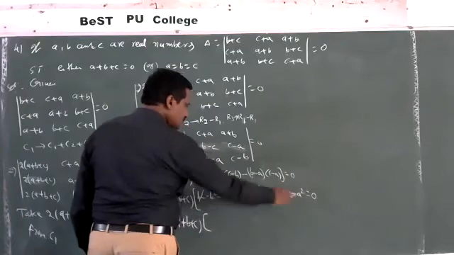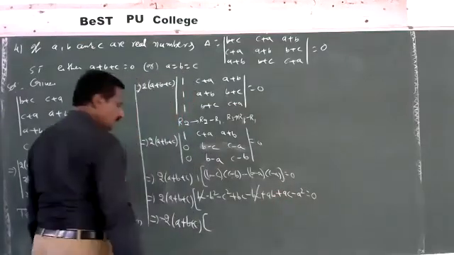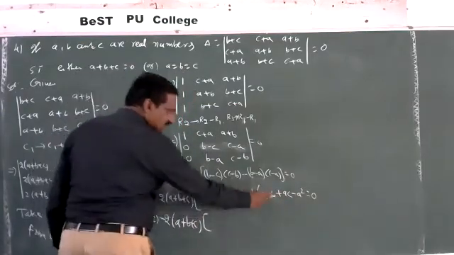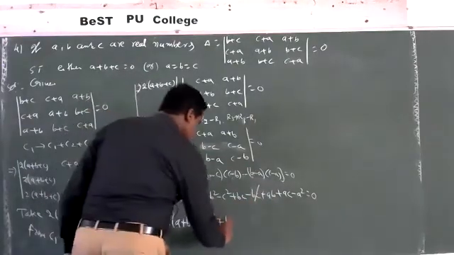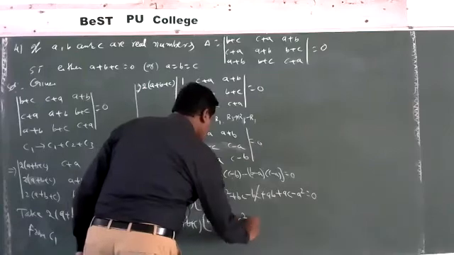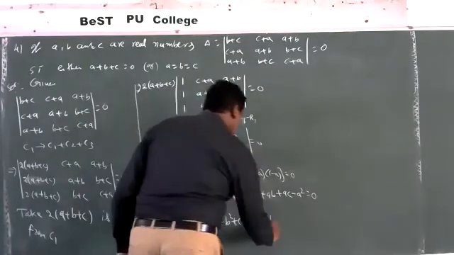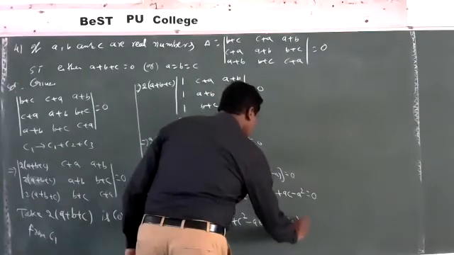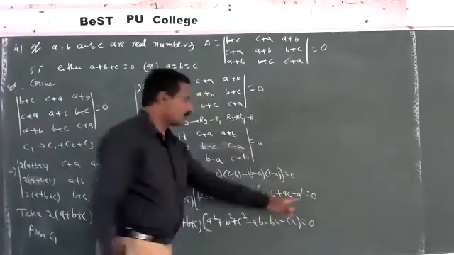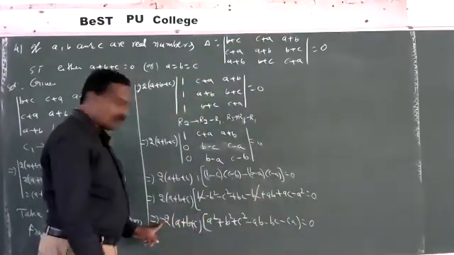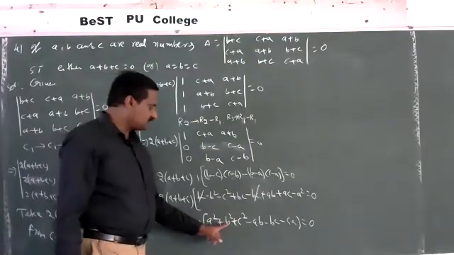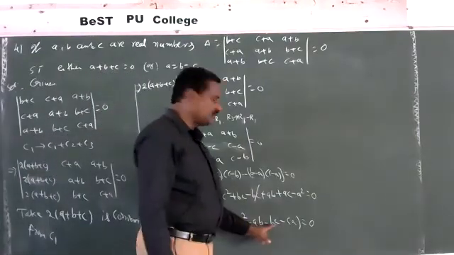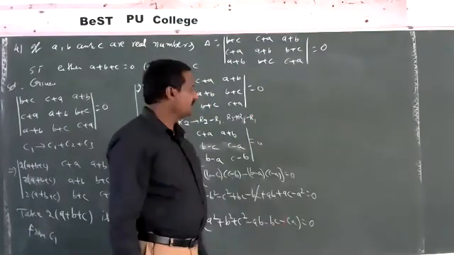From these terms take minus common: minus 2 into (a plus b plus c) into (a square plus b square plus c square minus ab minus bc minus ca) equal to 0.